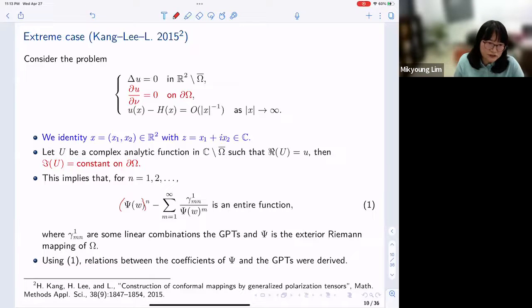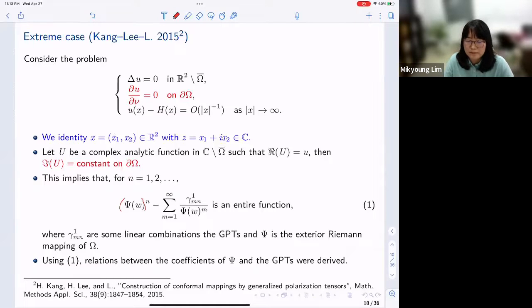And this relation implies that the conformal mapping function psi(w) to the n, multiplied n times, minus a summation of gamma mn1, which is a linear combination of the GPT values, divided by psi(w)^m, then this function is an entire function. And that property gives us a relation between the conformal mapping coefficients and the GPT values.